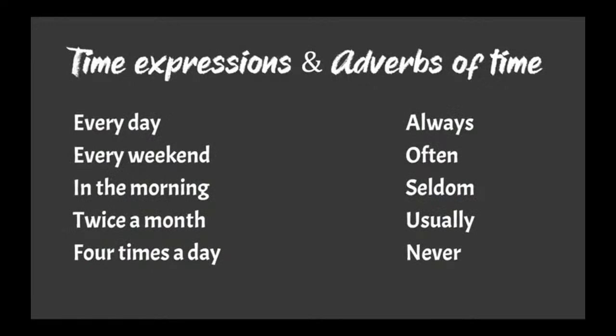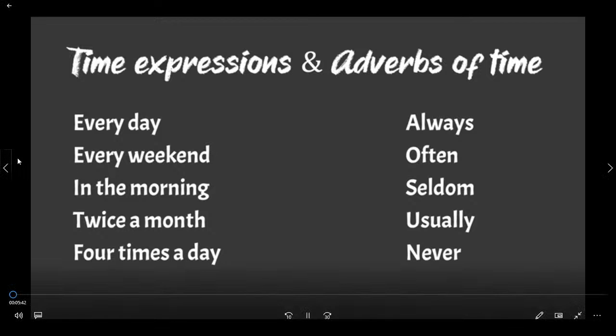Now, we know that when you see time expressions and adverbs of time, they indicate the tense you need to use. In this case, I listed some of them. There are many others.